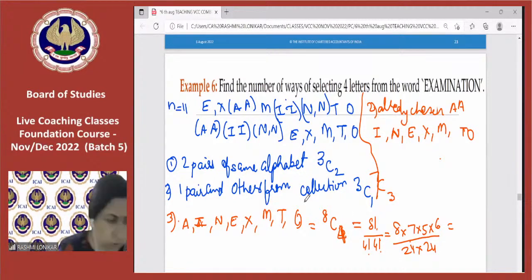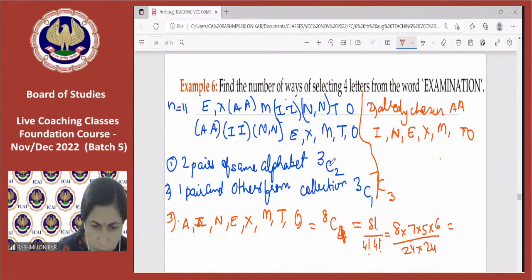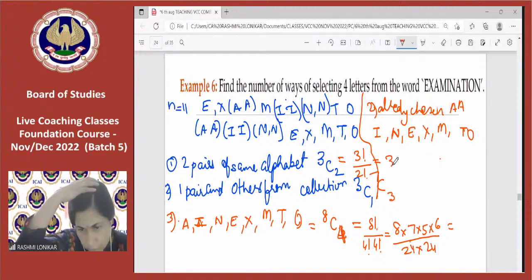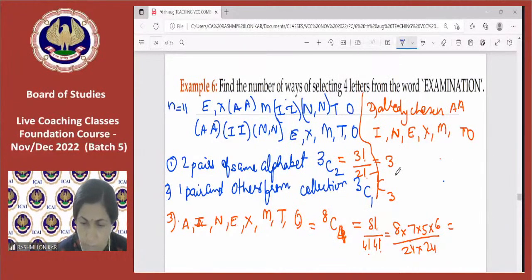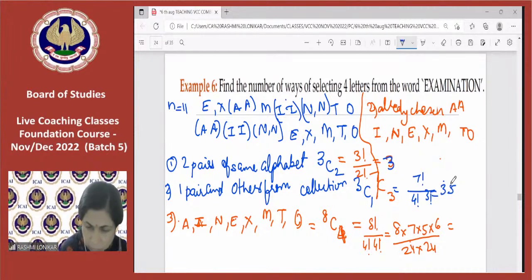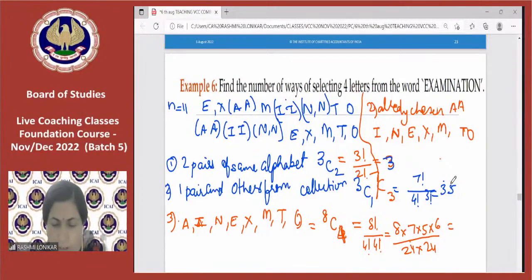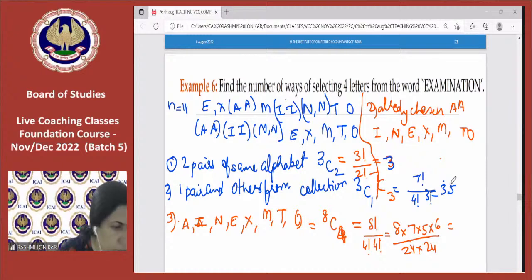So how much is this for the first pair? First pair is 3 factorial upon 2 factorial, which is equal to 3. Then 7C3 is 7 factorial upon 4 factorial into 3 factorial, which I know is 35.